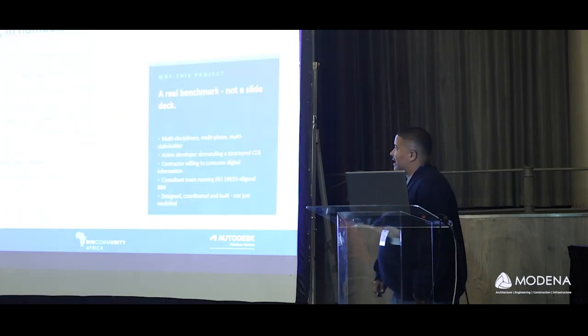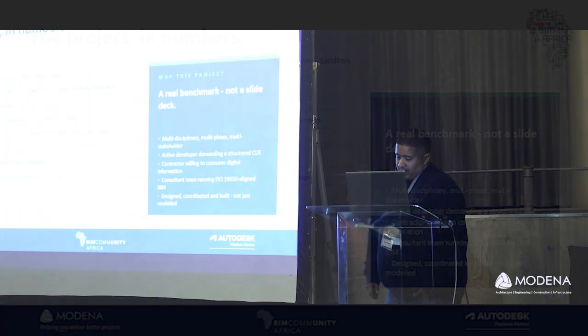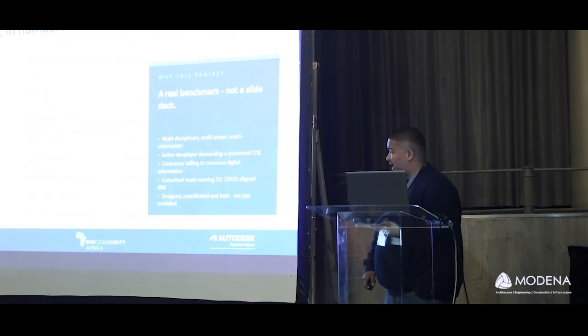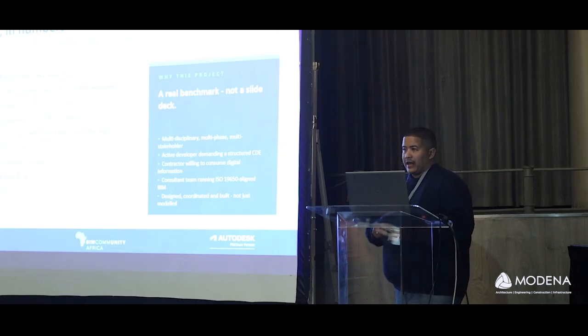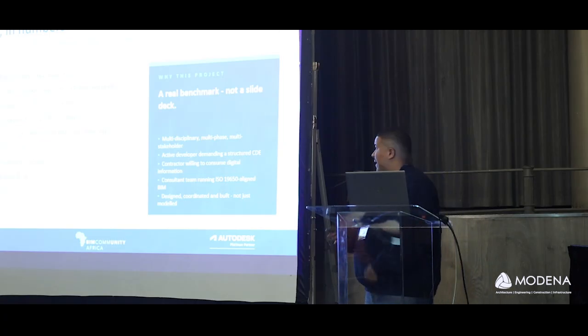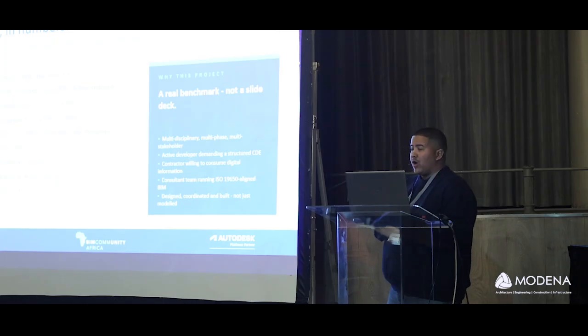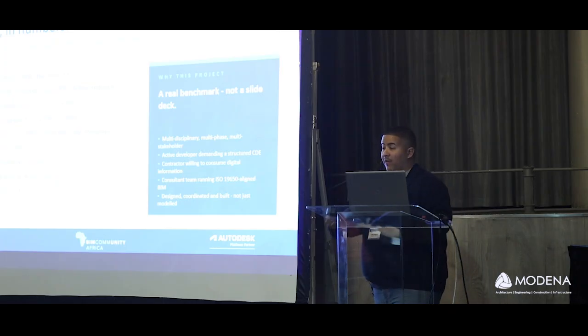So if we're looking at the numbers, the complexity: we're at a massive 22,000 square meter reality. When you look at these numbers, retail, office towers, about 770 parking bays, you see the sheer volume of data. But the real reason it is the benchmark isn't just the size, it's the active developer who is not just allowing it but almost demanding it.